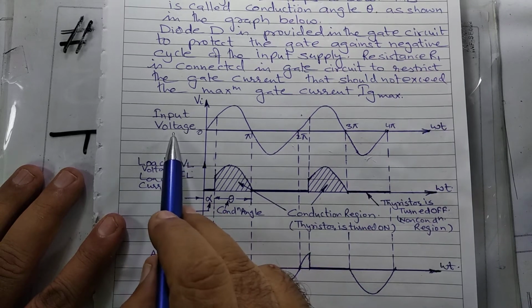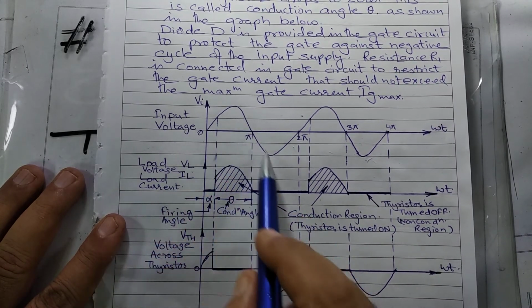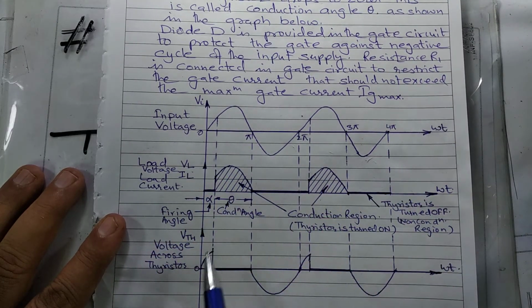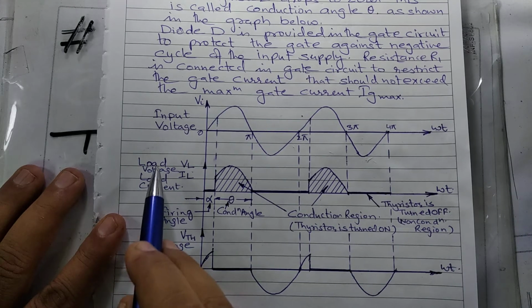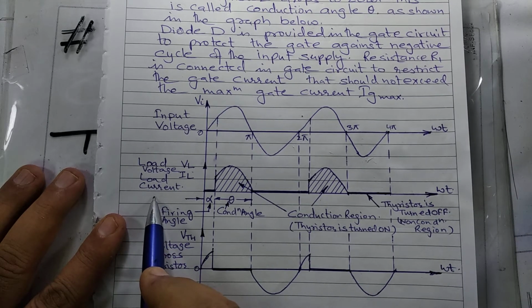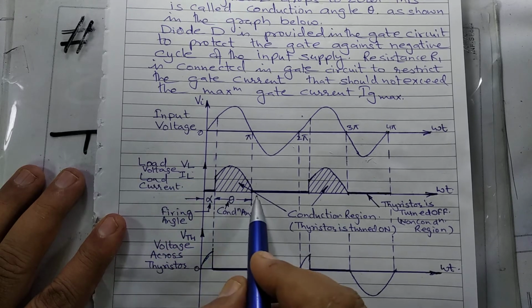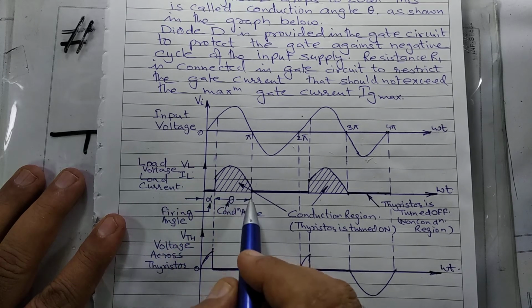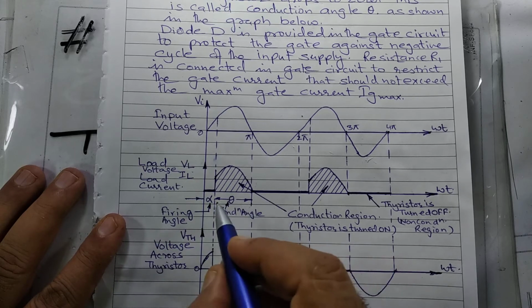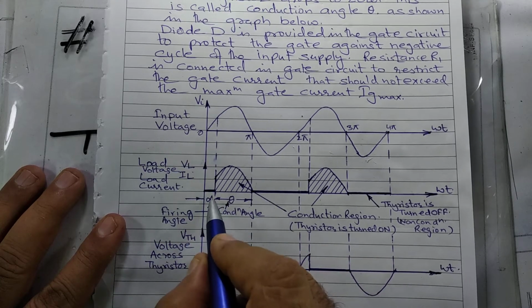This is the input voltage, that is AC input. Load current and load voltage both are in phase. So this is the load current or load voltage. Here we can see the firing angle is alpha.